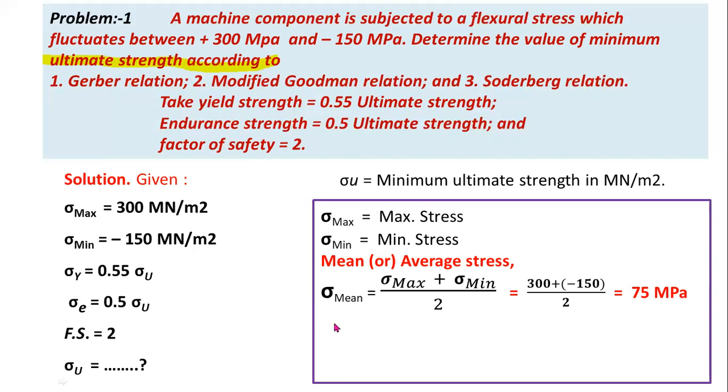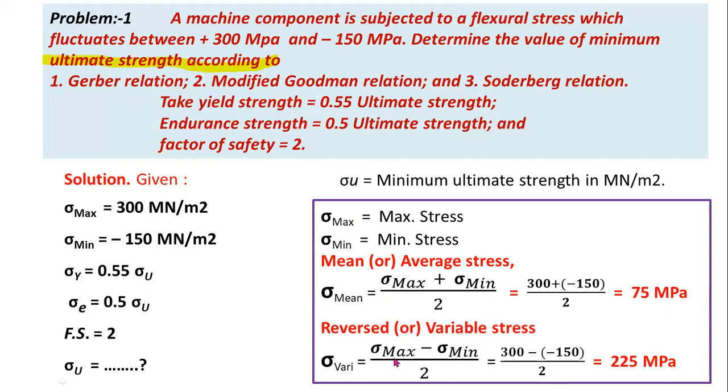From the formula of variable stress, sigma v equal to maximum stress minus minimum stress by 2, that is 300 minus of minus 150 by 2, equal to 225 megapascal. This is sigma m, this is sigma v.